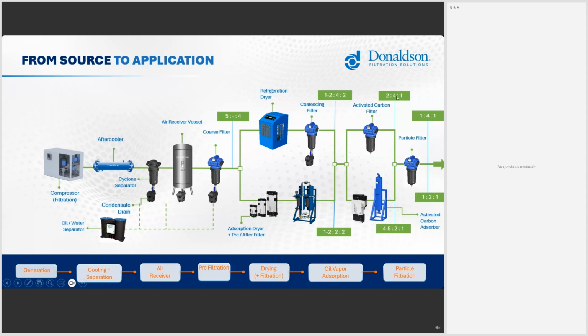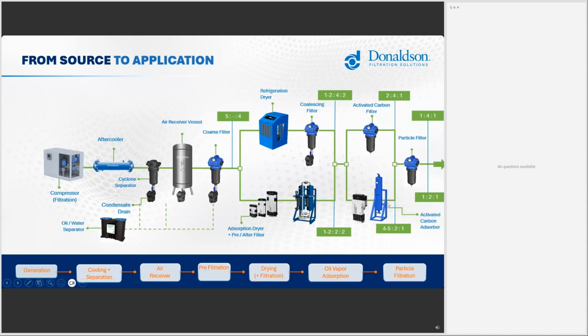You see that the oil purity class moves from 2 to 1. So downstream of activated carbon, we can really confirm that purity class 1 is achievable here, depending on the operating conditions and the sizing, of course. But you see, depending on which way you go, it might be downstream of an activated carbon adsorber.